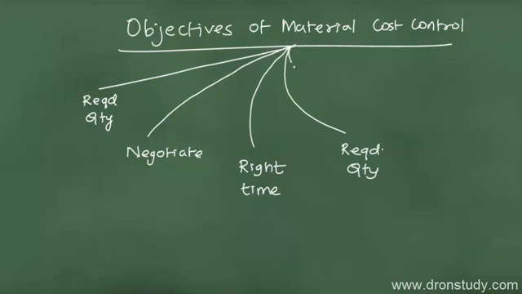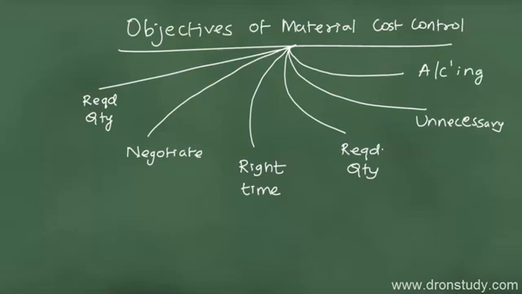Then by controlling the material cost, you are also avoiding the unnecessary losses associated with materials in the form of wastages, which can arise on account of deterioration in quality due to ineffective storage or obsolescence. Again, by controlling the material cost, you are also ensuring proper accounting of material cost, so that you can have information for reporting, decision making, planning and control purposes.